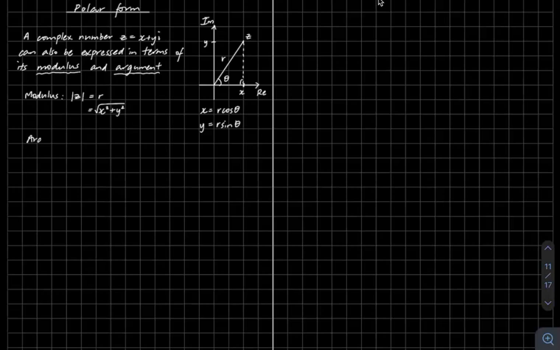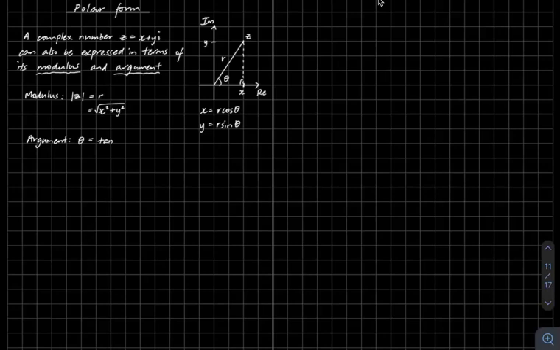Now the argument. It sounds like a funny name. In some things, like computer syntax, argument just means a parameter or an entry. So here it's talking about the parameter, which is the angle. We can see that tan theta would be y over x.